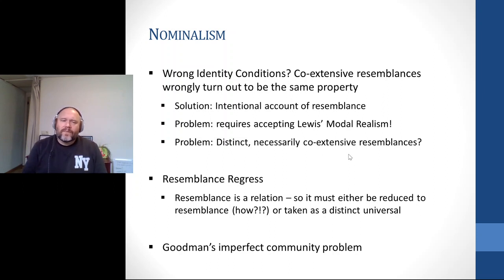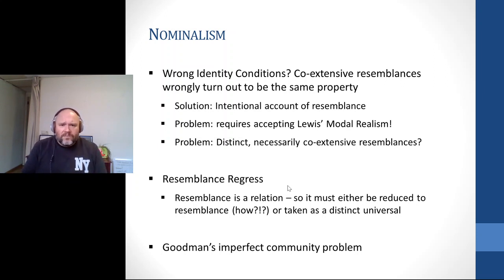So that's one thing. A second problem, and probably even much worse, is the idea that we have a version of this resemblance regress lurking here. So the thought, as we talked about before, is resemblance is a relation. And what we're supposed to be doing with any kind of nominalism or generally an approach to properties is explaining when properties and relations hold.